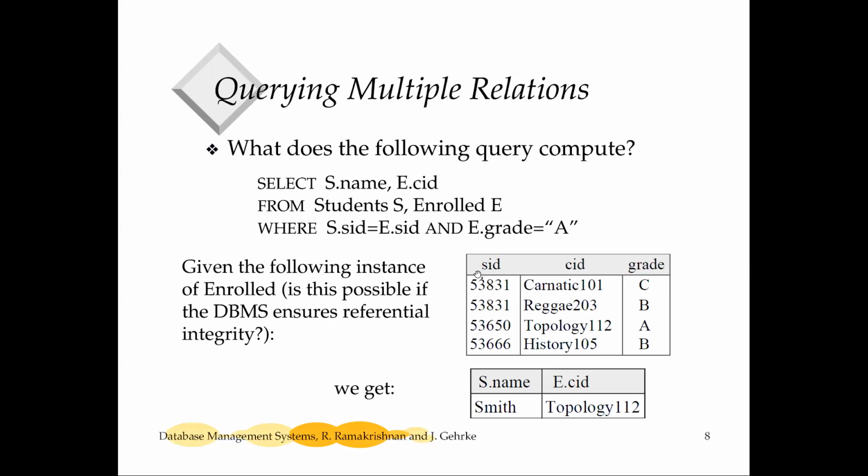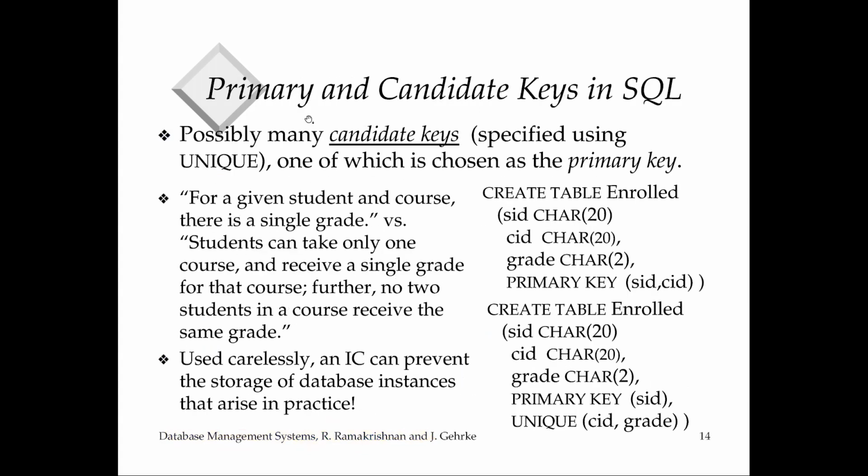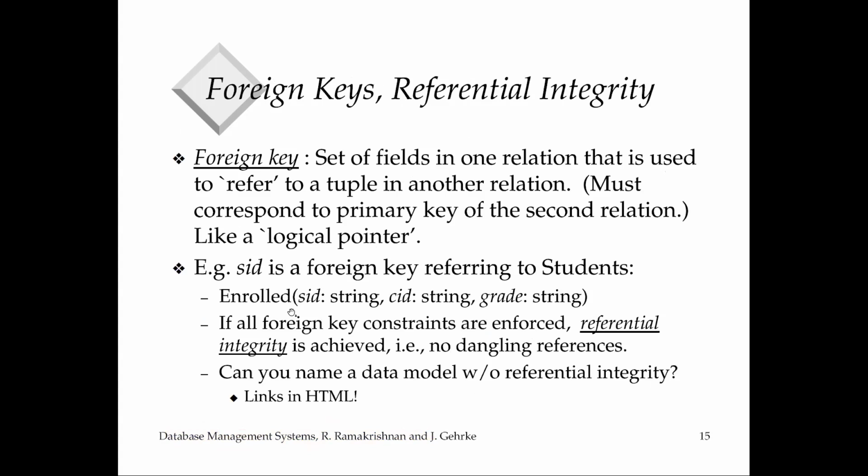Whereas if you just use the foreign key, you have the connection between this table and the other table, and you can use a query like this to extract the student name and everything else you need from that respective table. So that's foreign keys. Referential integrity essentially means all foreign key constraints are enforced.